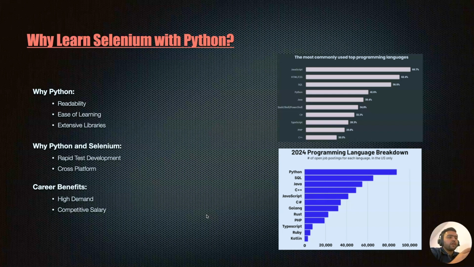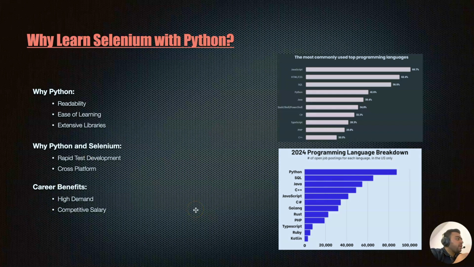It's easily understandable, it's easily readable, and also the Python that we are using here is not so complex, right, for the automation testing. And ease of learning is also a benefit for using Python in this series. And also Python has extensive libraries and frameworks that we can utilize while doing our automation testing.